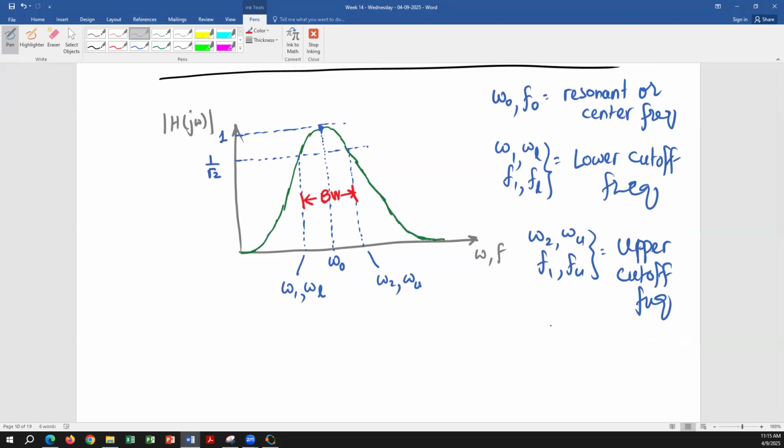B, or BW, is equal to omega upper minus omega lower is the bandwidth, or F upper minus F lower. So these are important quantities.